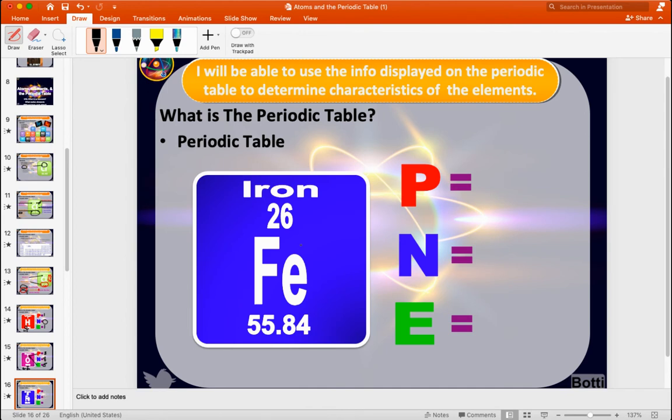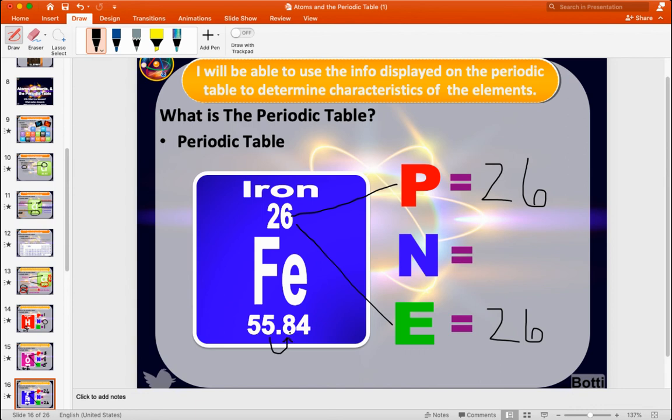Our next element we're looking at is iron. Again, when we're figuring out proton and neutron number, we're going to look at our atomic number here, and we know that we have 26 of each, protons and electrons. Then we're going to do our little bit of math to figure out how many neutrons we have. So we're going to look at our 55 and 84 hundredths.